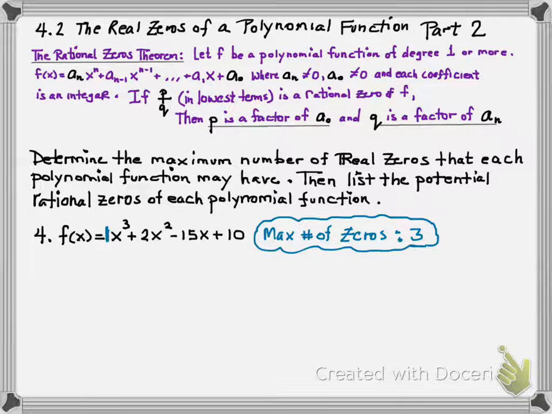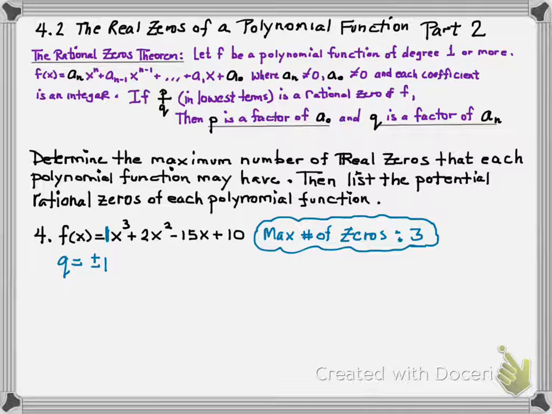So Q equals all the factors of 1. So that would be 1 and negative 1. We're counting positives and negatives. The reason negative 1 is a factor of 1 is because negative 1 times negative 1 is positive 1. So the Q's are going to be plus or minus 1.